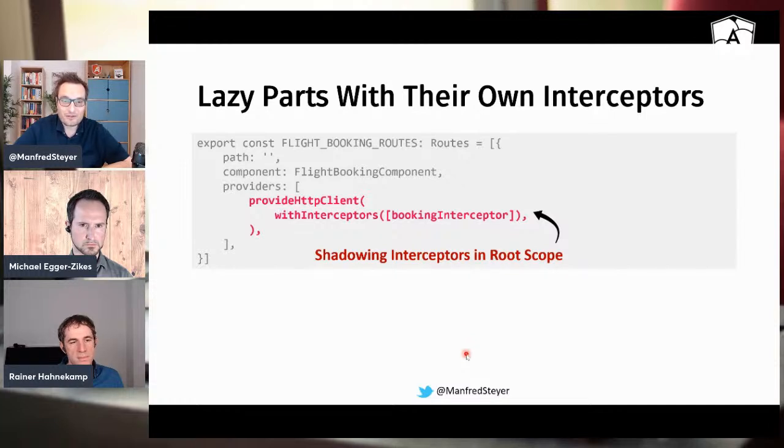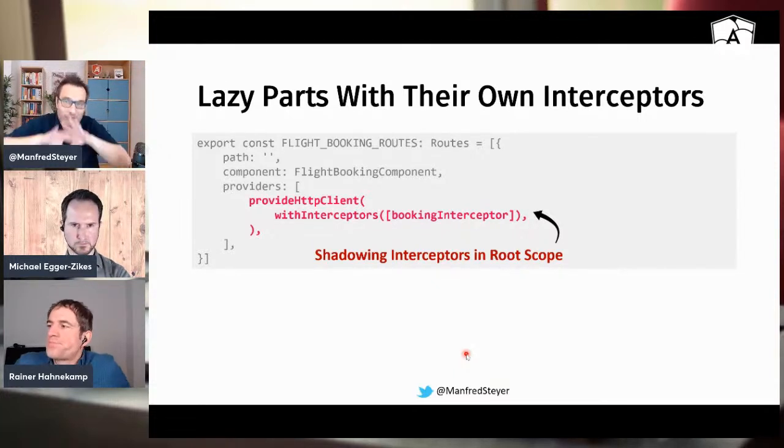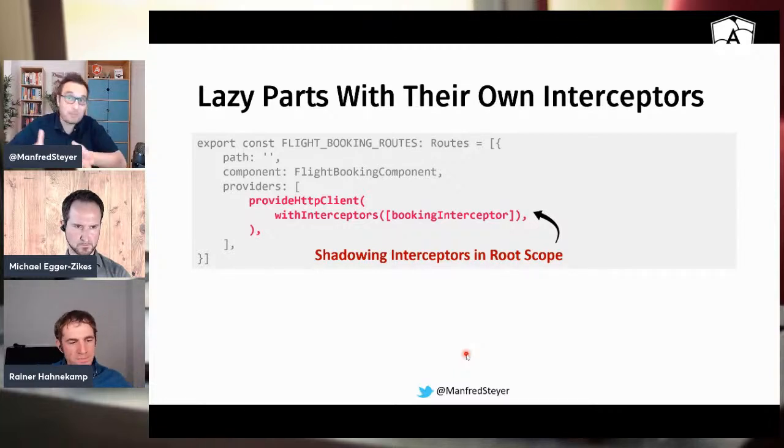The idea was, if you introduce your own interceptors in a lazy portion of the application, you are shadowing the root interceptors. Or to be more precise, the interceptors in the outer scope. It does not necessarily have to be the root scope, but very likely it's the root scope. That means the interceptors out there are not executed. They are not triggered. You live in your own world, in your own decoupled bubble.